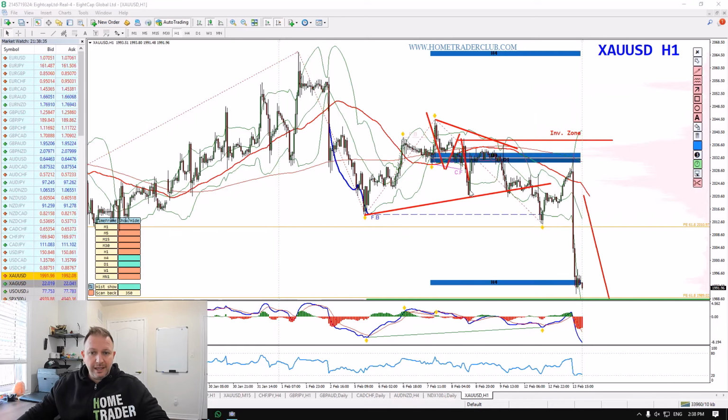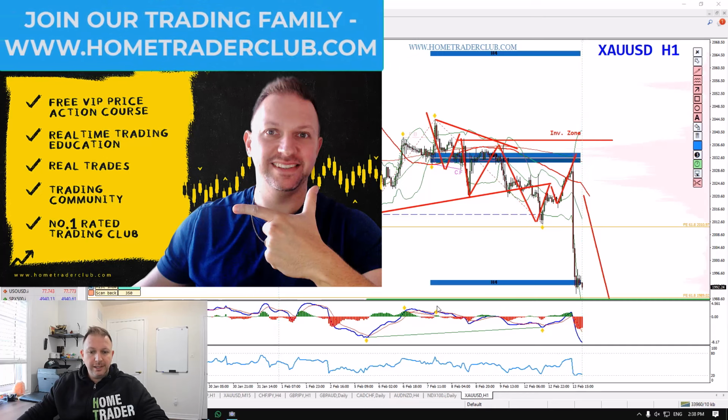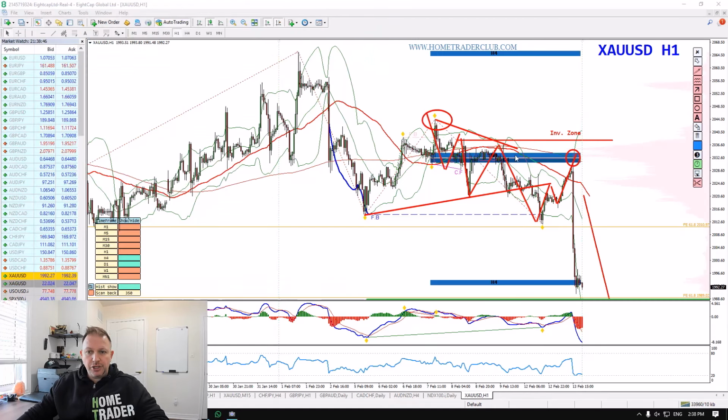And what we had here is 3 lower highs, lower lows, with an A, B, C, D correction, a 2-wave correction, and one of my favorite scenarios, bearish hidden divergence. While the market is making lower highs, the indicator is making higher highs. And the classical setup comes right into play.